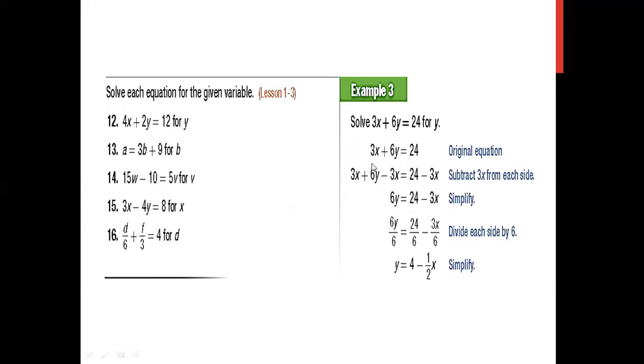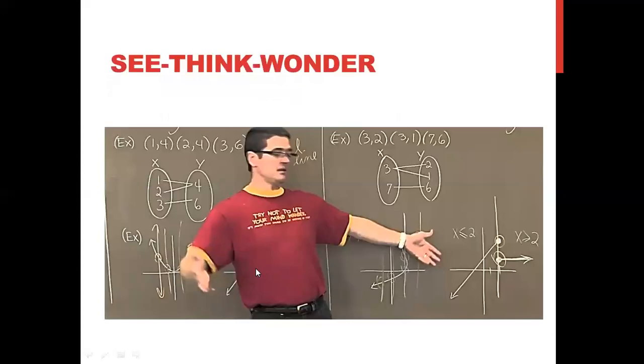Subtracting 3x from both sides gives 6y, then dividing both sides by 6, y equals 24 divided by 6, which is 4, and 3x divided by 6 equals half x, and then they can simplify. They can do exercises 12 to 16.